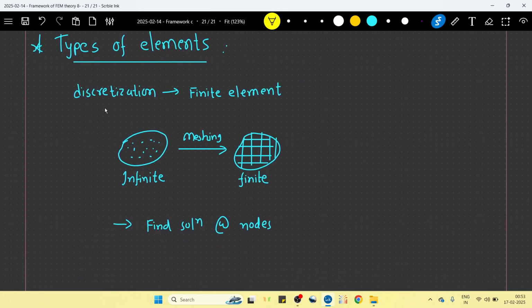Before that, what is an element? We have discussed discretization. By discretization, we get the finite element. For example, this particular object has an infinite number of points, and when we do discretization or meshing, we get a finite number of points or finite elements.